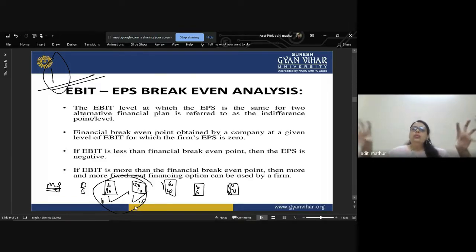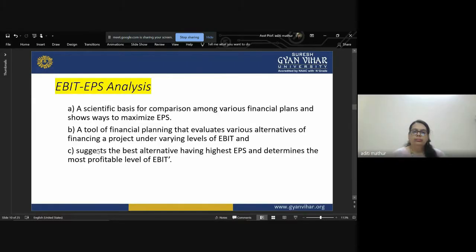So these two plans are at the indifference point. It doesn't matter to you whether you go for 10 is to 90 or 90 is to 10, because down the line from both the options you are going to earn the same EPS, right?